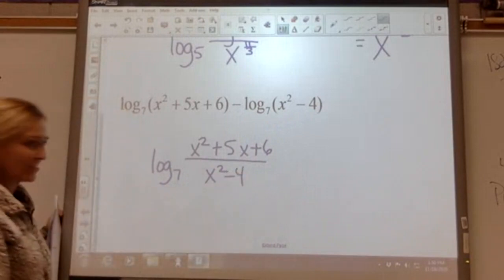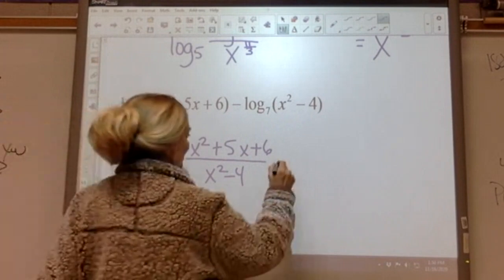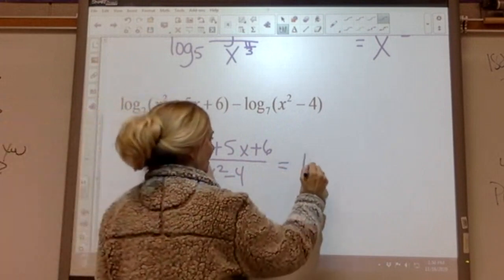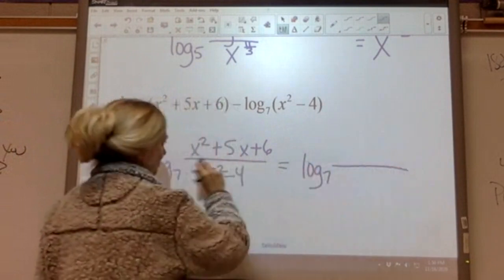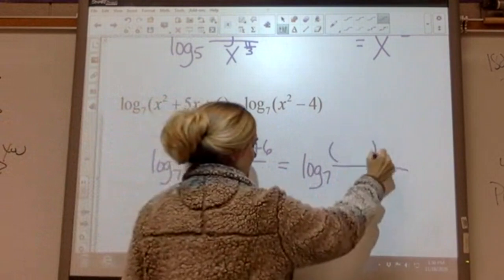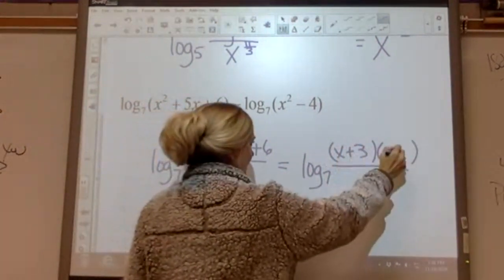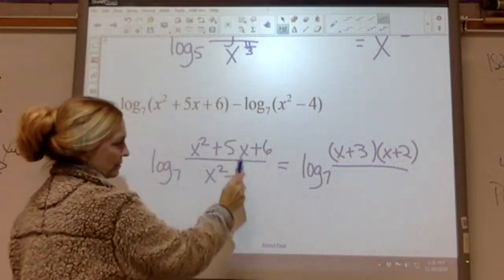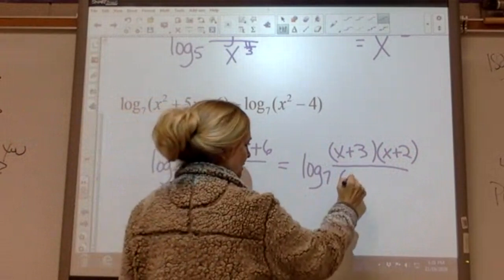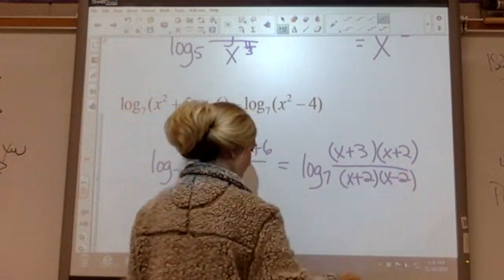Now, after all we've done in the semester, when you see this, you should think, factor, factor. And so this is going to be log base 7. And so this numerator factors into 2 parentheses, x plus 3, x plus 2, because 2 times 3 is 6, and 3 and 2 have to be 5. And then the denominator is x plus 2, x minus 2. All right?